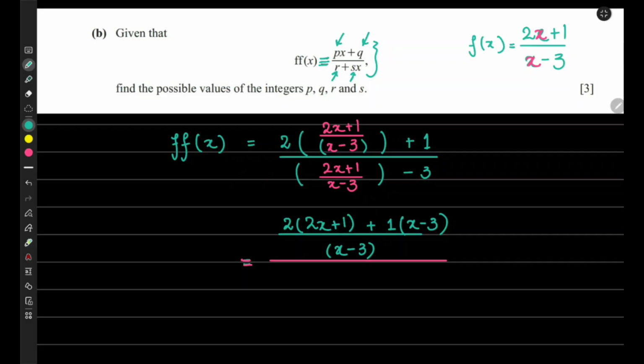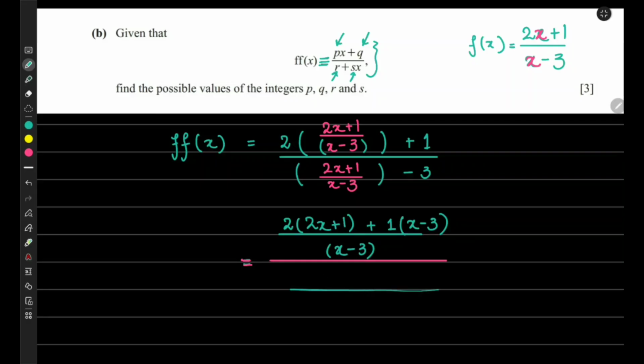Either you can think of it as cross multiplication or taking the LCM and then multiplying it with the number, or you can think of it like we are multiplying and dividing it by x minus 3. So now we have a common denominator x minus 3, so we are taking that common and then solving the numerator. In whatever way you solve the fractions, you can continue in that way.